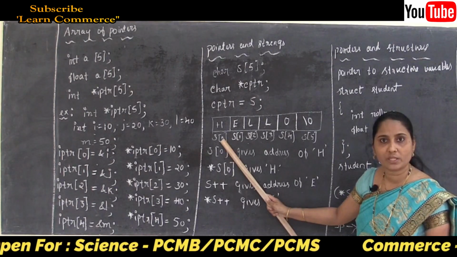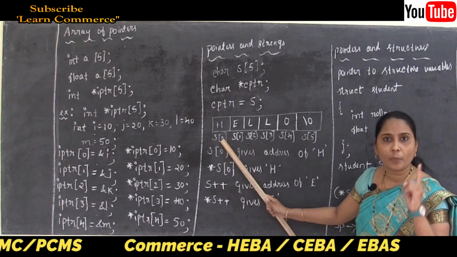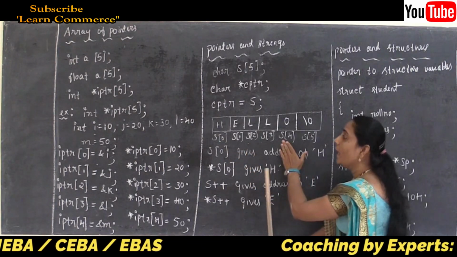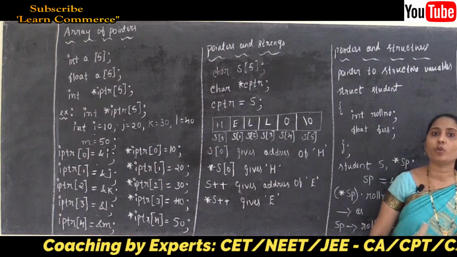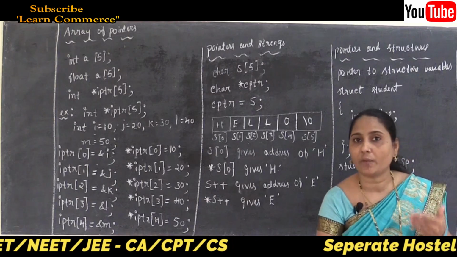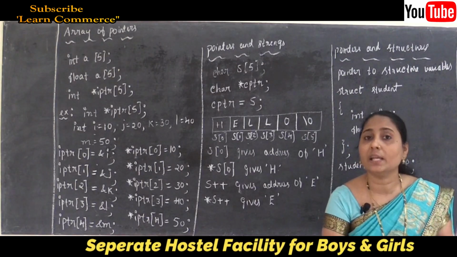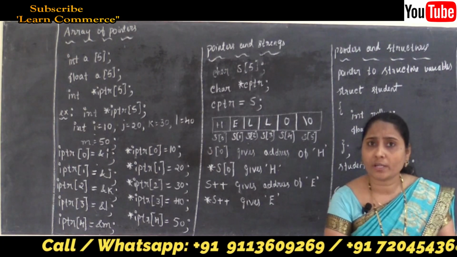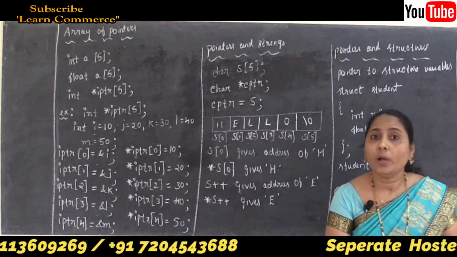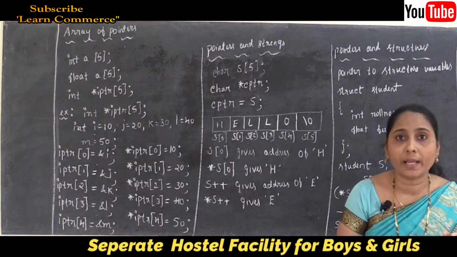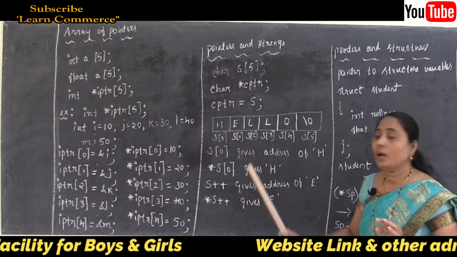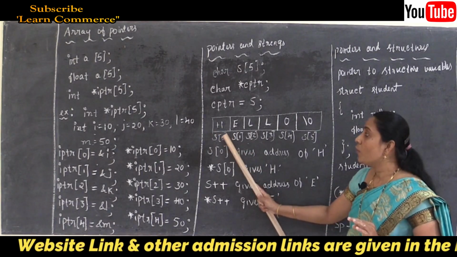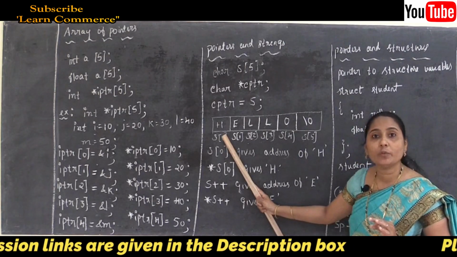Just by using the starting address, it is possible to access all the character elements one after another. That is called a group of string. As I already said, s of 0 gives the base address of the array, meaning the address of the first character in the string variable.